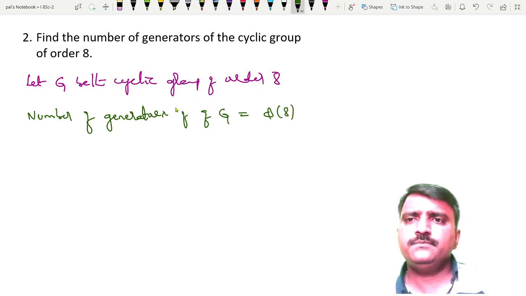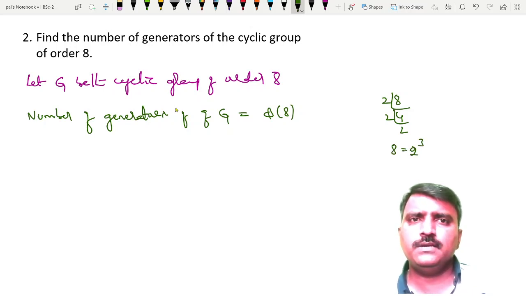We can easily find that phi of 8. You write 8 as 2 into 2 into 2, so you can write 8 is equal to 2 cube.